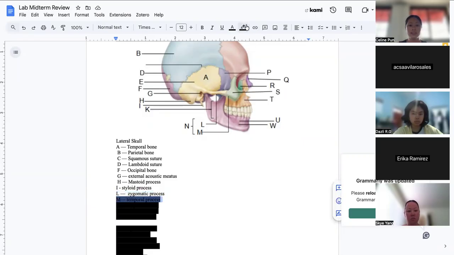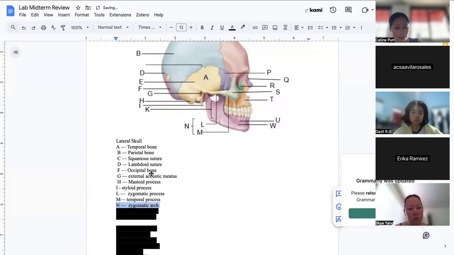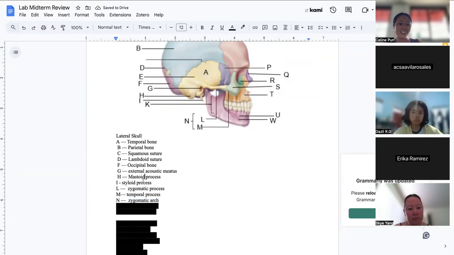This is a temporal process. And if you add them together, you get your cheekbones. And I remember my professor always said, if you want to compliment someone on your cheekbones, you always say you have a nice zygomatic arch, which is the zygomatic process and the temporal process together.